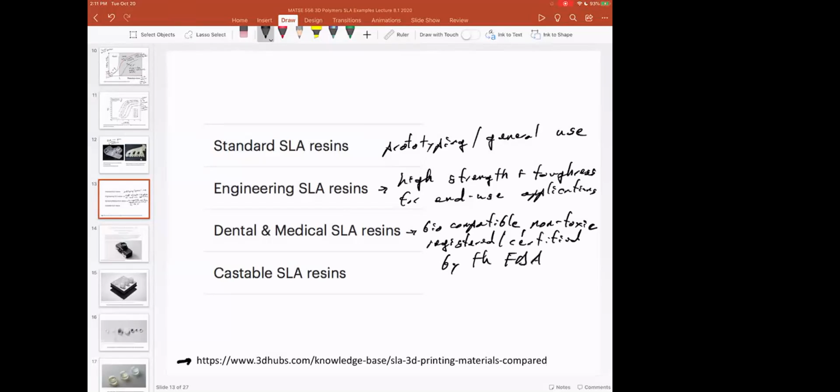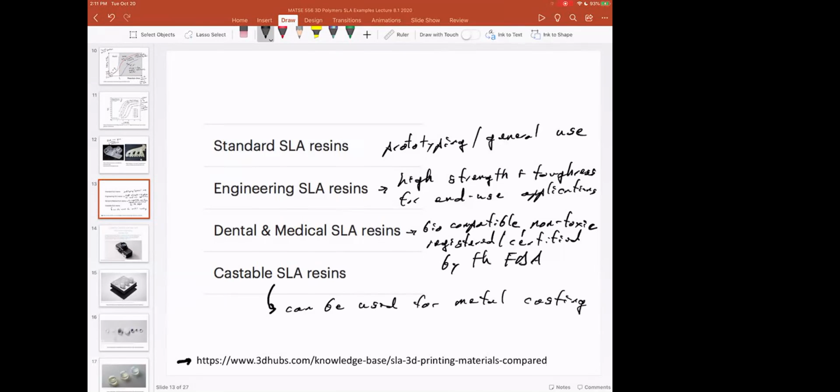And then castable resins are cool. I show an example of this further on. These can be used for metal casting to make jewelry or to make prototype molds for casting other types of metals.